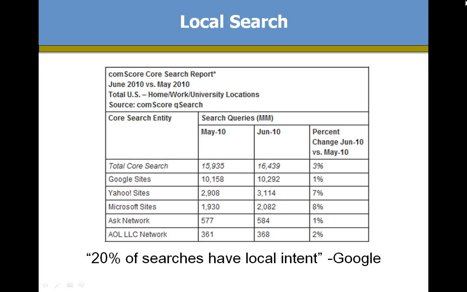I'll caveat these numbers are for the total search landscape. But what Google has said a number of times is that about 20% of the searches that they see on an everyday basis have some type of local intent built in. So people looking for local businesses or maybe places of interest, tourist attractions, anything that has that local indicator to it would be included in that.